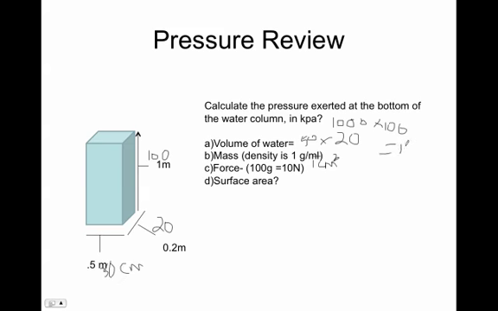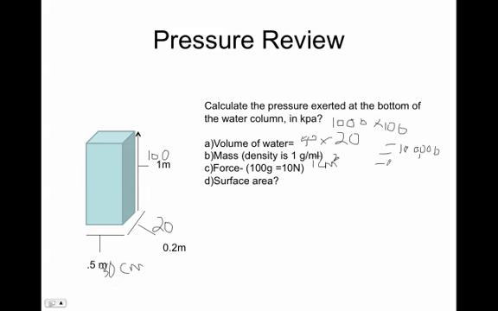So we need 5 zeros. 1, 2, 3, 4, 5. So 100,000 centimeters cubed. So what does that mean then about the mass?